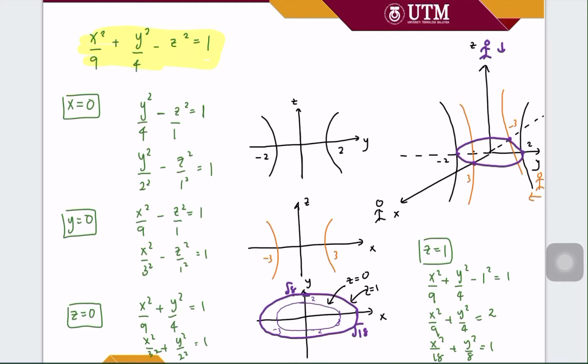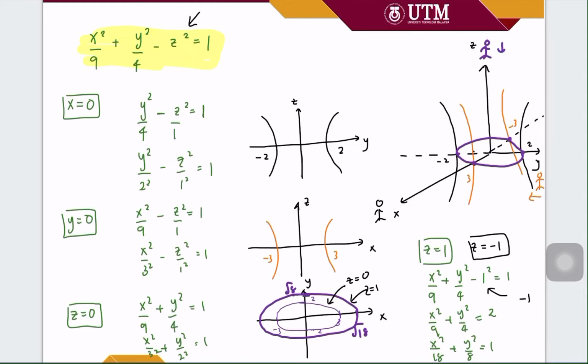If you look at the original equation, the z here is z squared. So if we take z equal to negative 1, what happened? We still get the same value, right? What happened to this value here?